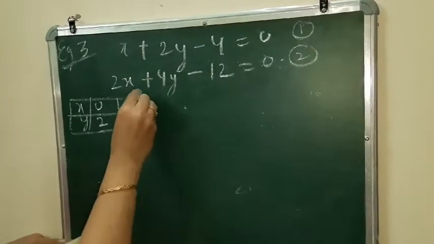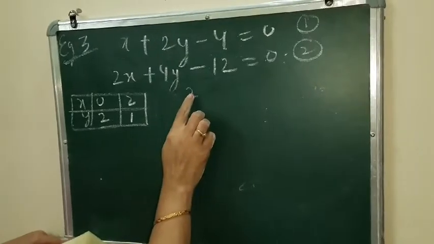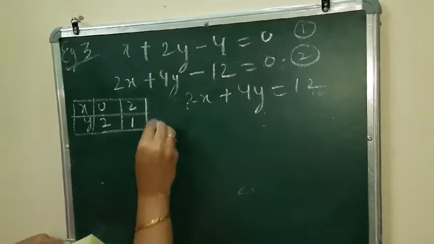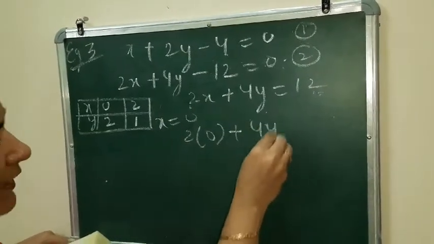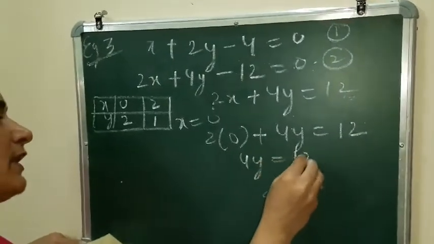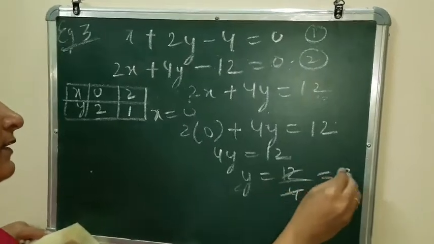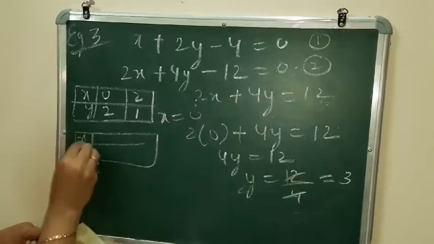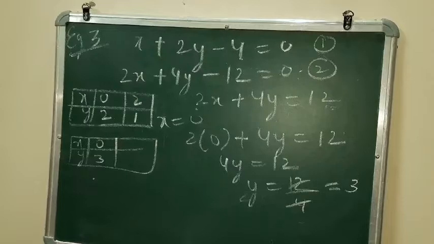Let's take the second equation, 2x plus 4y equal to 12. Again, I am taking x as 0 first. So 2 into 0 plus 4y equal to 12. 2 zeros are 0. So 4y equal to 12. y is equal to 3. Second box I am making. When my x is 0, my y is 3. One more value we have to find.